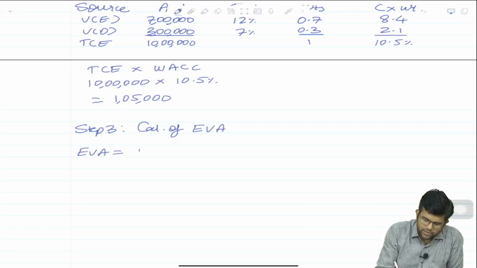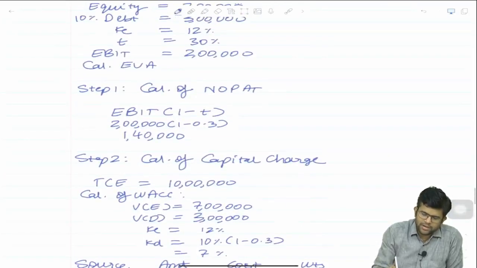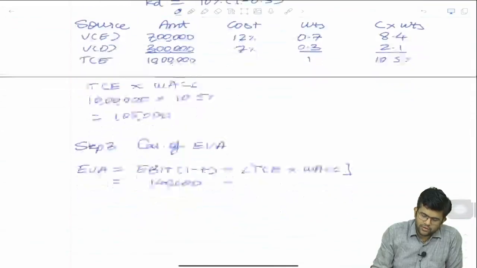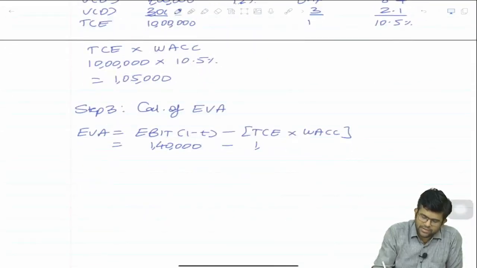EVA is equal to EBIT (1 minus T) minus TCE into WACC. EBIT into 1 minus T we already have as 1,40,000. So 1,40,000 minus TCE into WACC, which is 1,05,000.